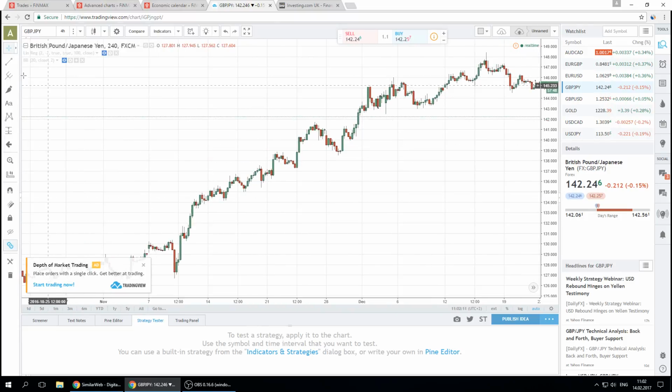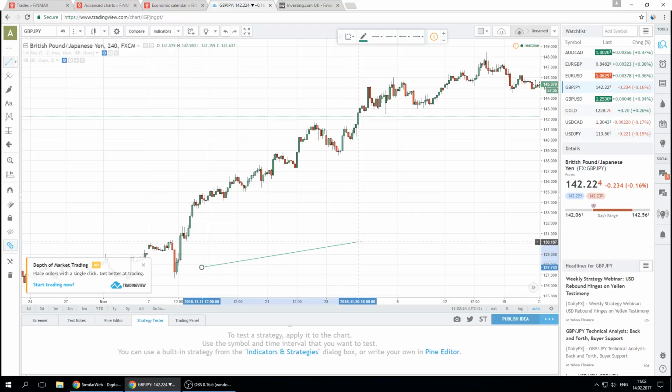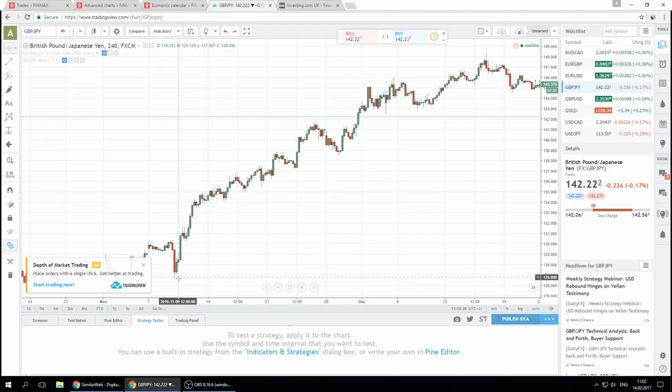In order to start drawing the trend line, it's usually drawn using several points, 2 or 3, you can use more. So here we have the bottom point. We will start from here.